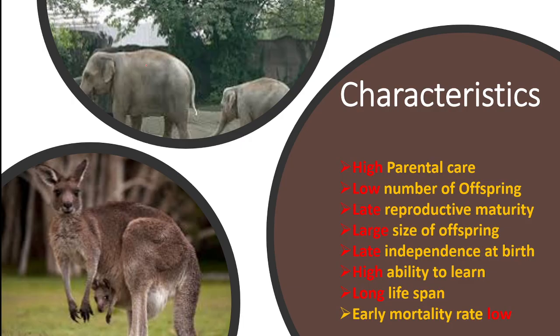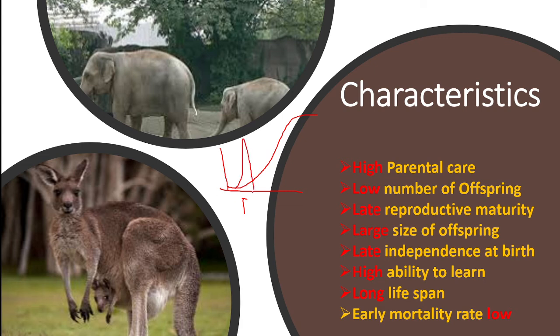Let us see the characteristics of these species. High parental care, low number of offspring, late reproductive maturity. If you can recall the graph, with time on one axis and growth on the other, the curve was growing like this for r strategies, and for K strategies it was going like this.